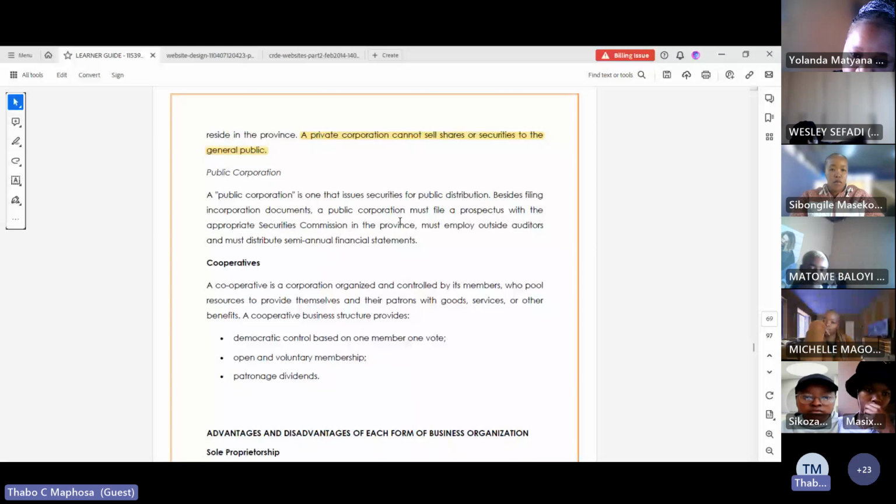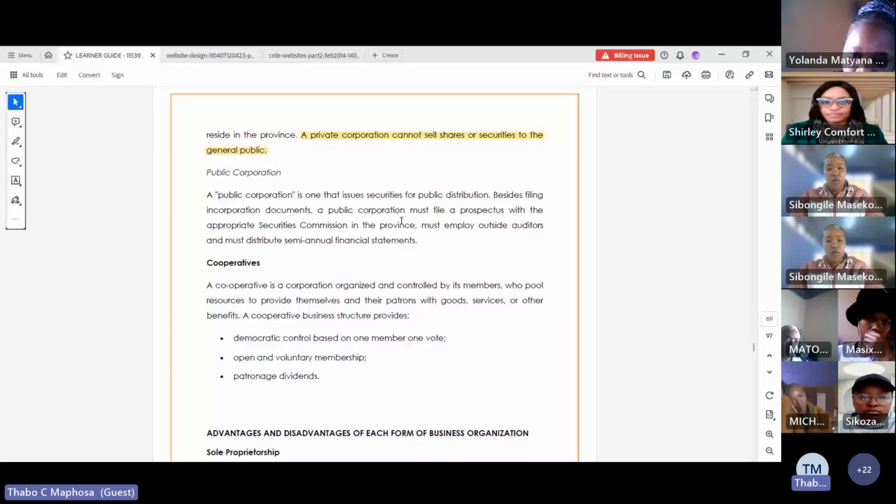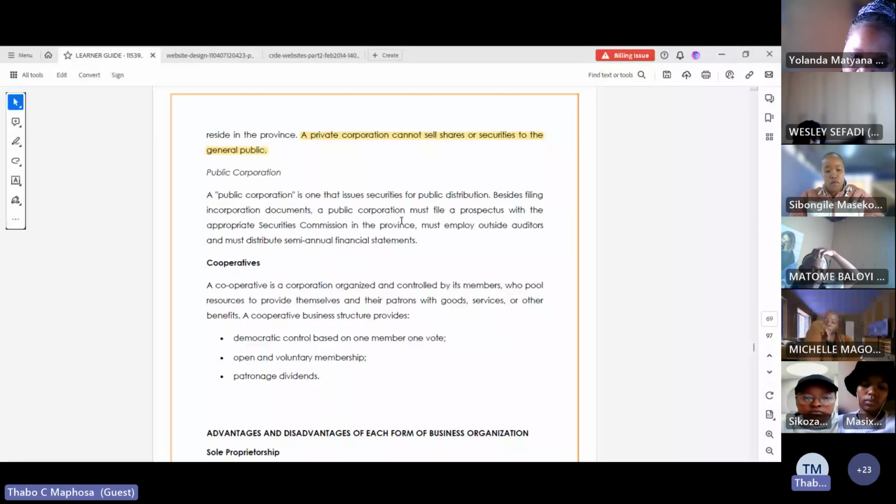So now, as I was saying, in a public corporation we know that there's a document of incorporation that has to be filed, and then the public corporation must provide a prospectus. When they're talking about a prospectus, they're talking about a document that shows everything that the company has to offer, including their securities and things like that.